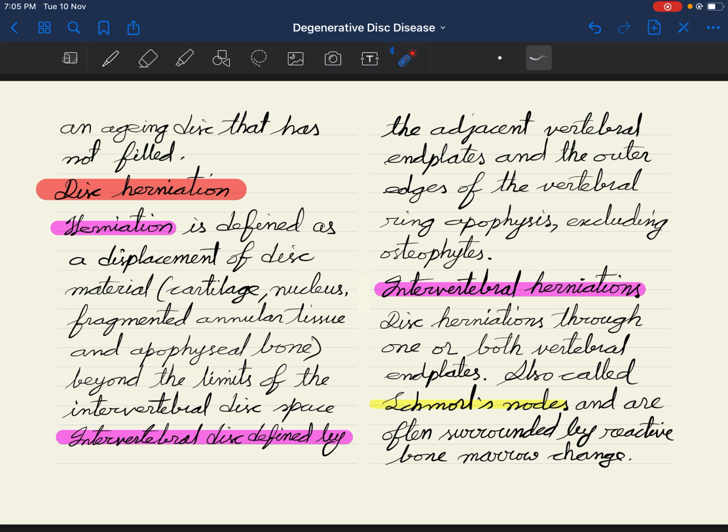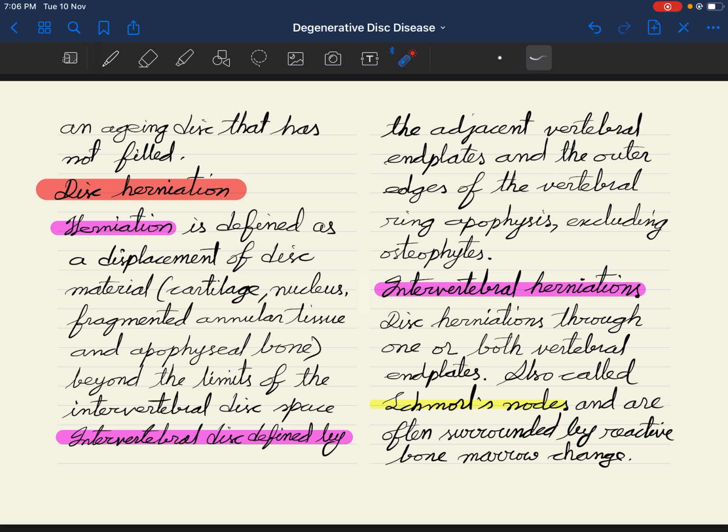In disc herniation, herniation is defined as the displacement of disc material. The disc material may be cartilage, nucleus, fragmented annular tissue, or apophyseal bone. When these materials are displaced beyond the limits of the intervertebral disc space, it is known as disc herniation.